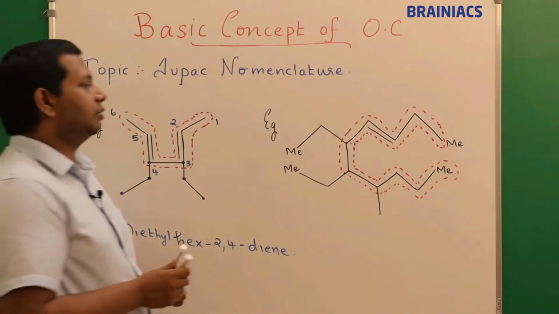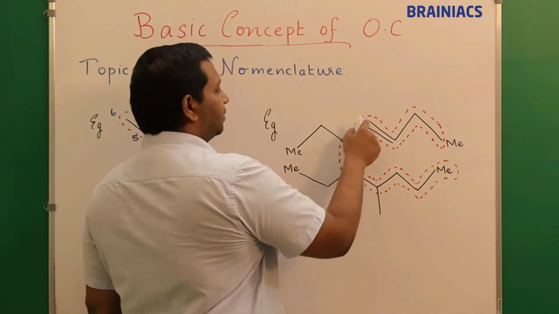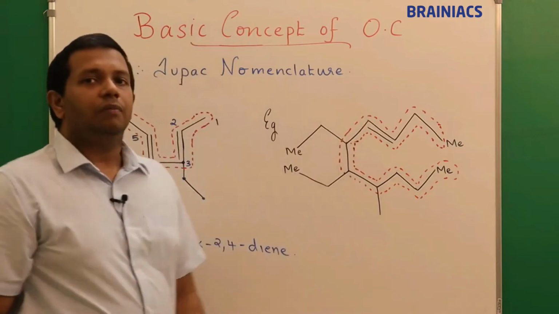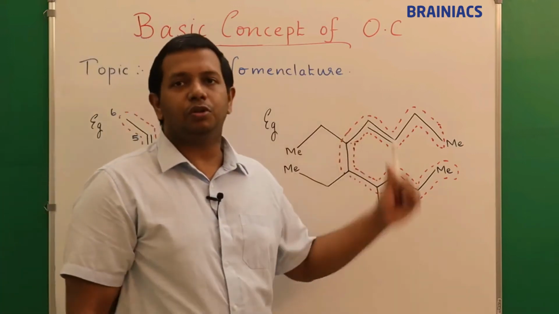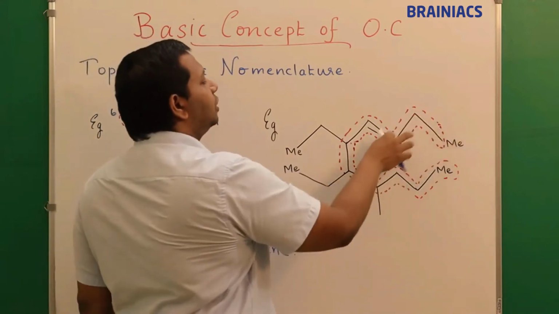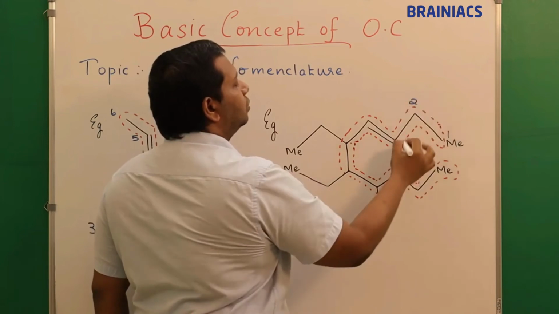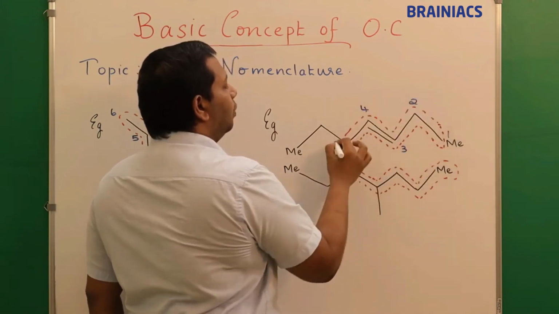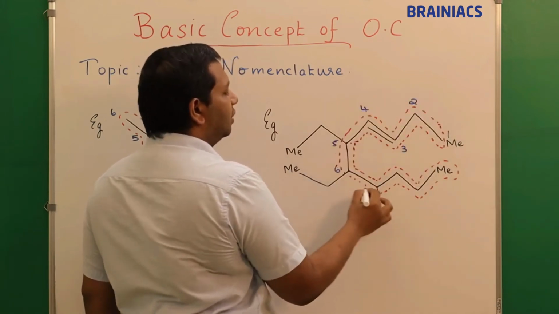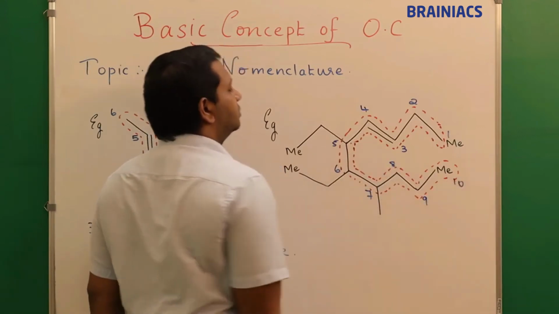Now how to number it? So if I do the numbering from here, 1, 2, 3, 4, 5, 6, 7 is the number coming for the double bond. We know that when there is no functional group, double bond should get the maximum priority. That means the minimum number. So 1, 2, 3. If you go this way, 3 is the number. So that is good. So 1, 2, 3, 4, 5, 6, 7, 8, 9, 10.